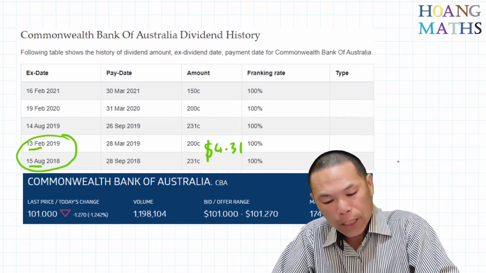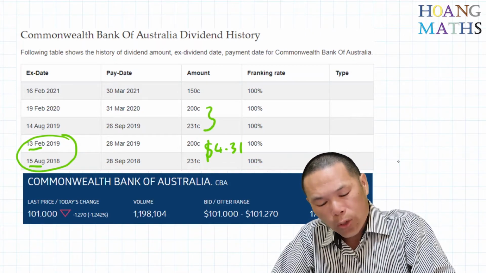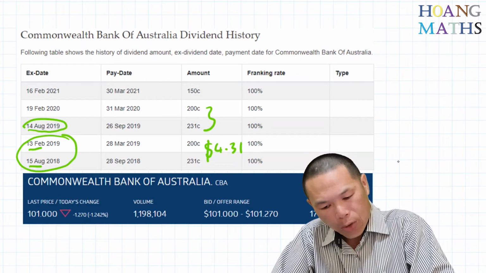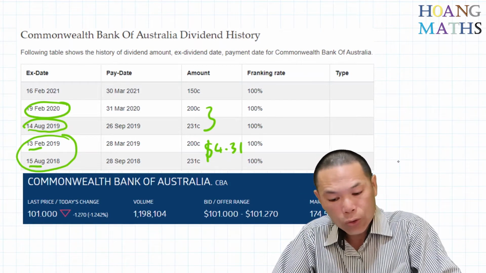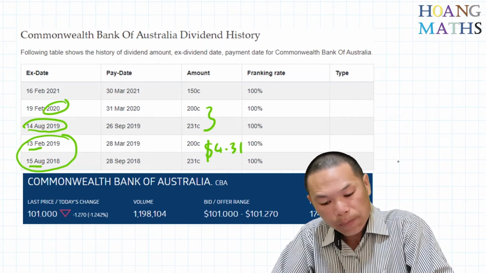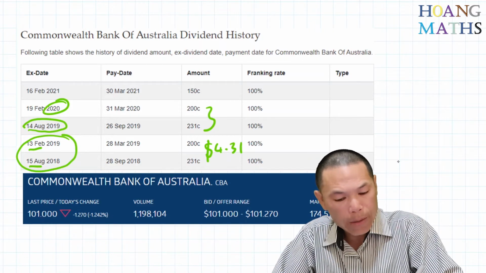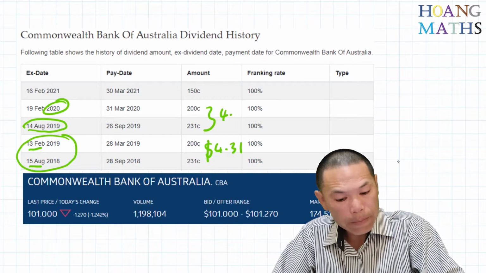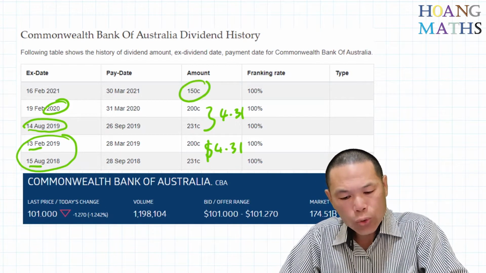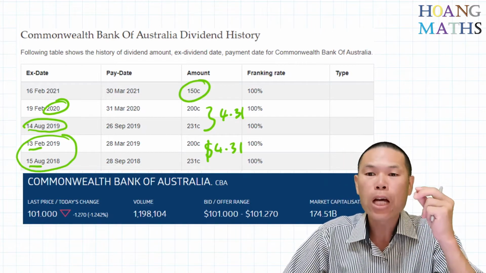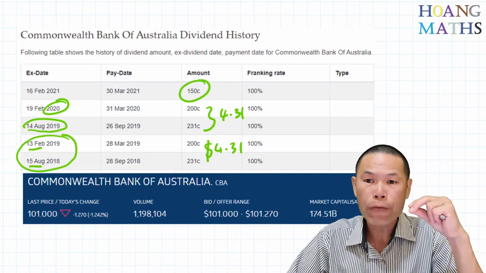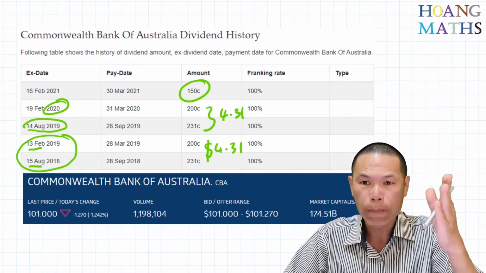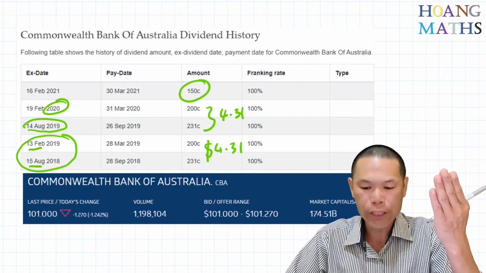And for 2020, August of 19 and February of 20, that's the financial year for 2020. We add them up and that is $4.31. For 2021, the company only paid $1.50 dividend. This means the company made less profit in 2021, due to the COVID-19 outbreak.